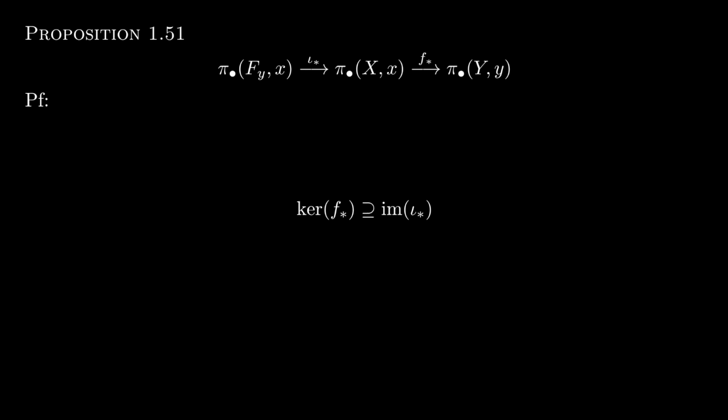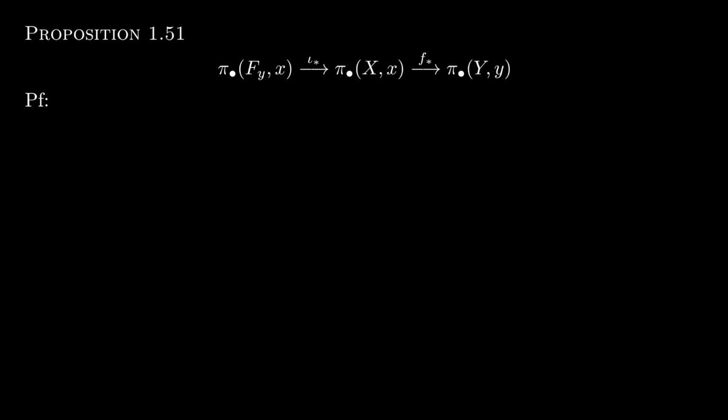Suppose you are a sphere and hence a representative of an equivalence class of the homotopy group in Fy. Well, by definition you are mapped to a single point y under F asterisk, since you are in the fiber over that single point y, i.e. in Fy. So what we are left to show is that this is the entire kernel, the other direction, i.e. that every sphere in X that maps trivially into Y is homotopic to a sphere that is entirely contained in Fy.